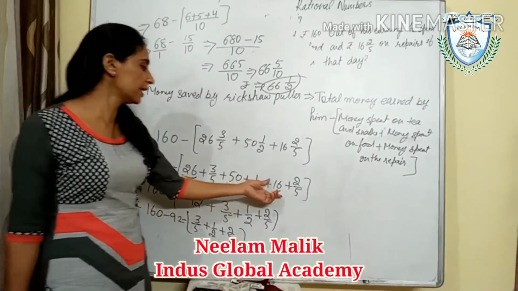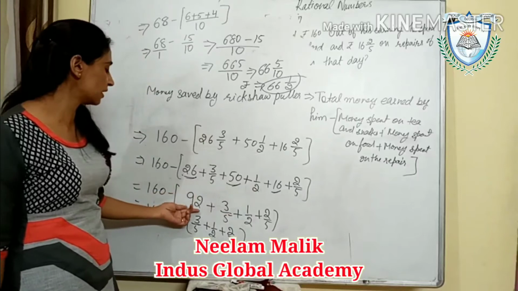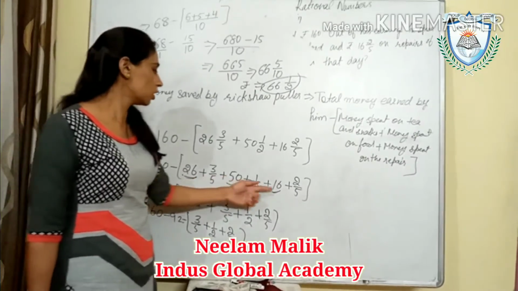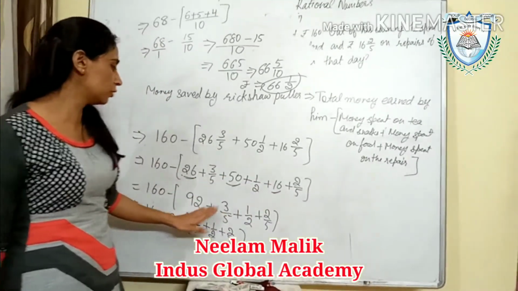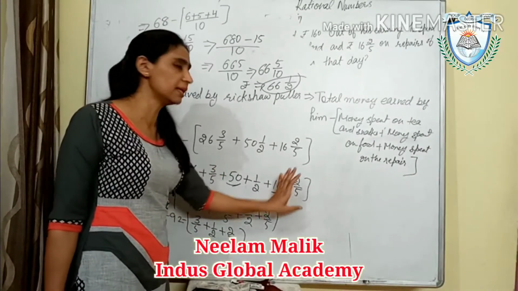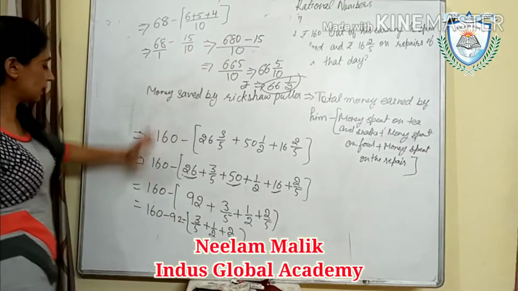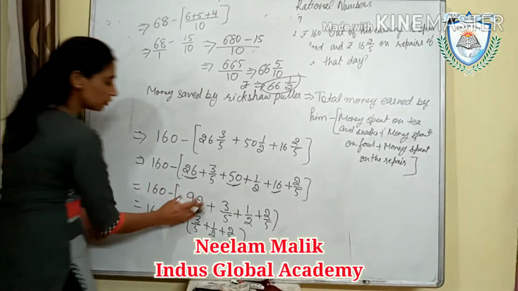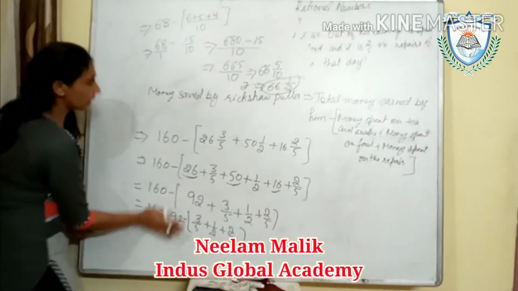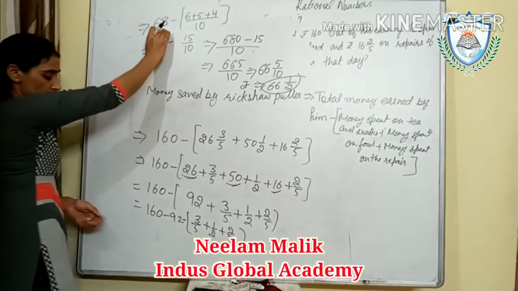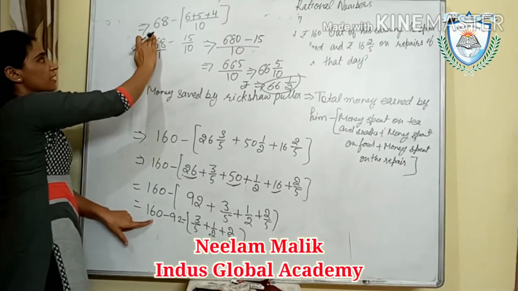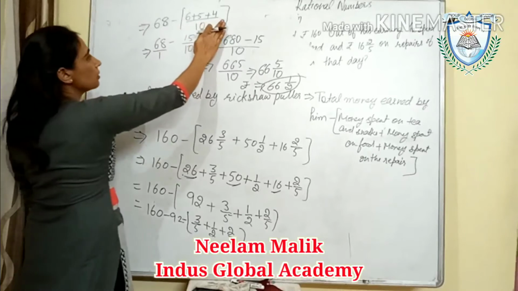After that I take the whole parts at one place and I add them because they all are positive. So that is 92 and I take the fractional part separate. Then I solve this, and I subtract 92 from 160. I get here 68 minus this.